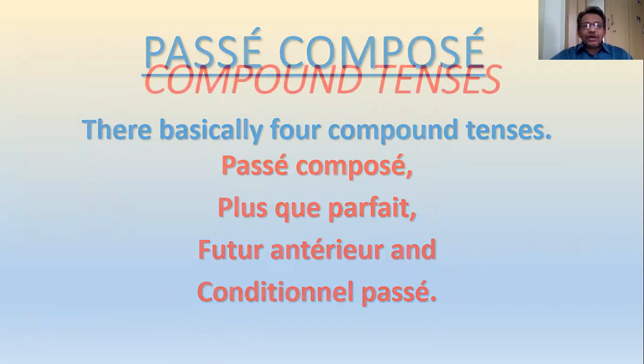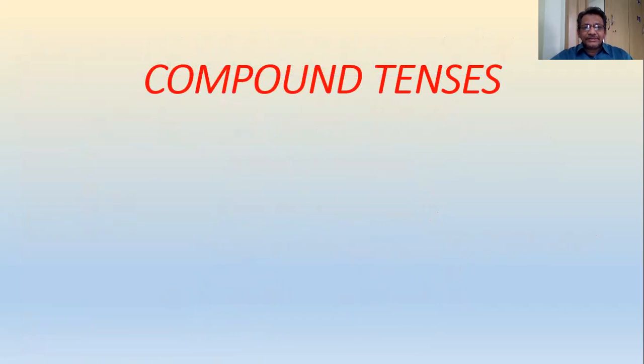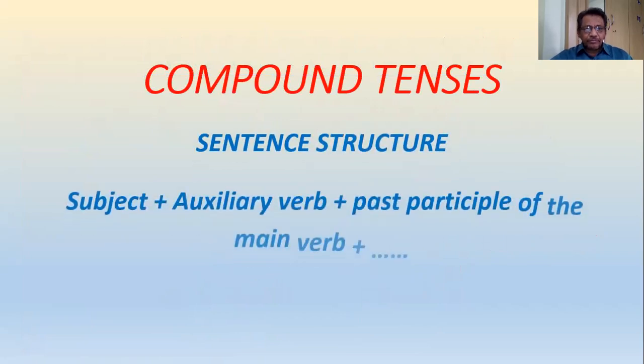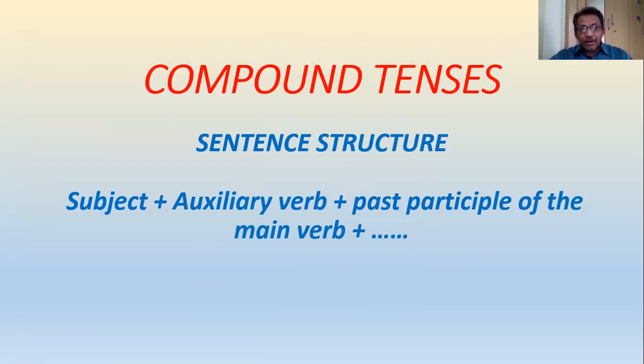Now, why are they called compound tenses? The reason is when a sentence is written in a compound tense, it will have two verbs. Two verbs are combined. That is why these tenses are called compound tenses. What are those two verbs?